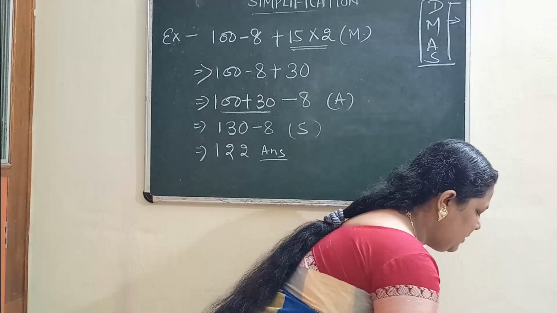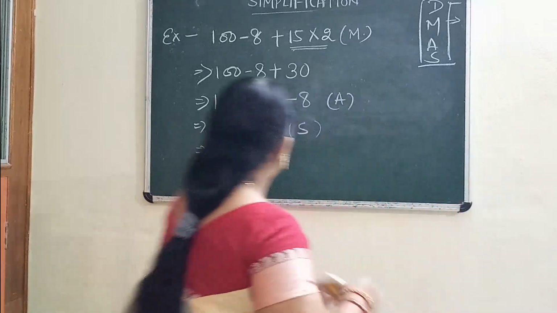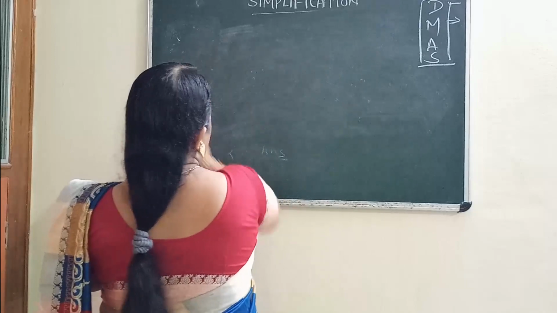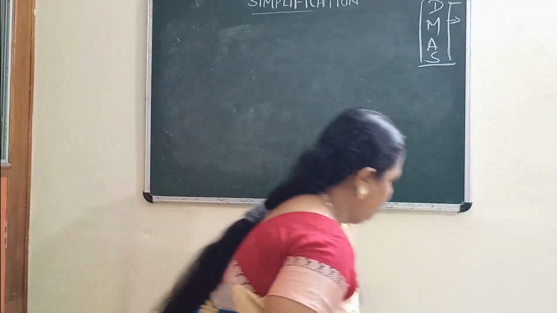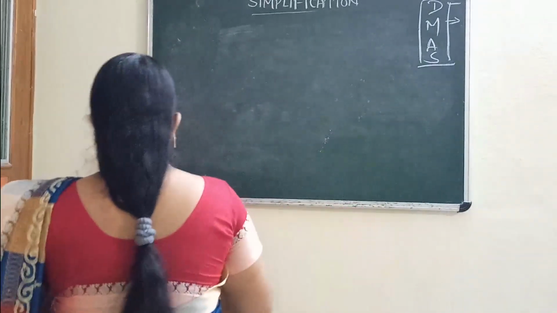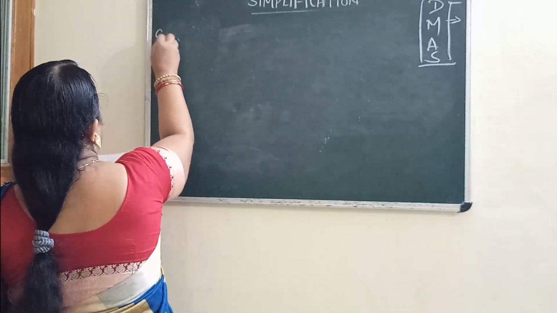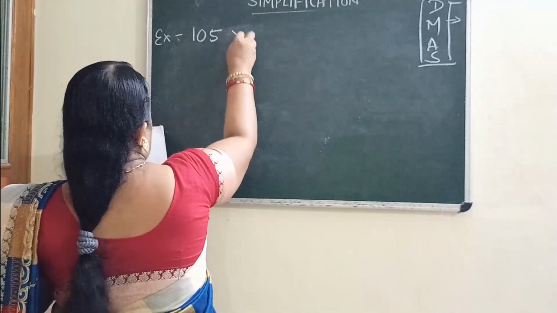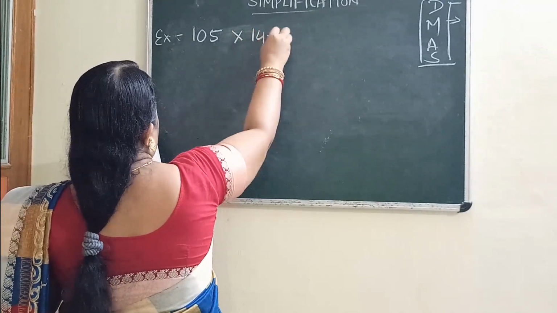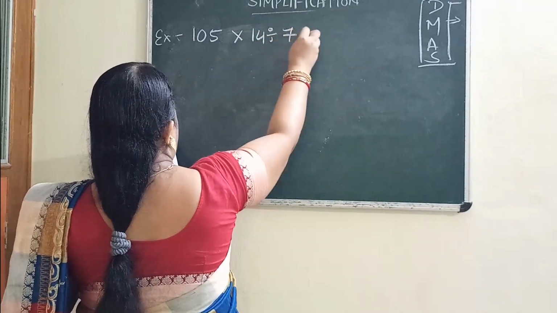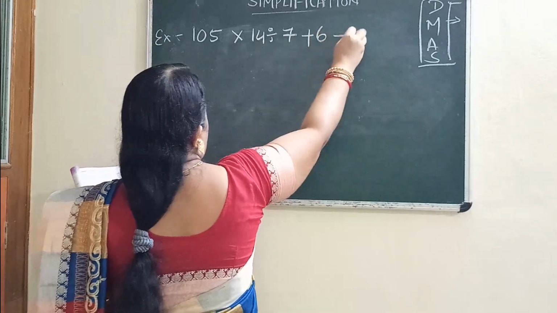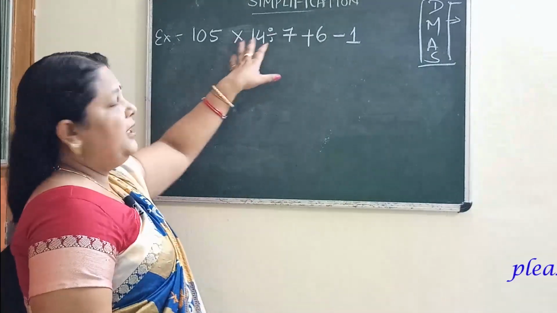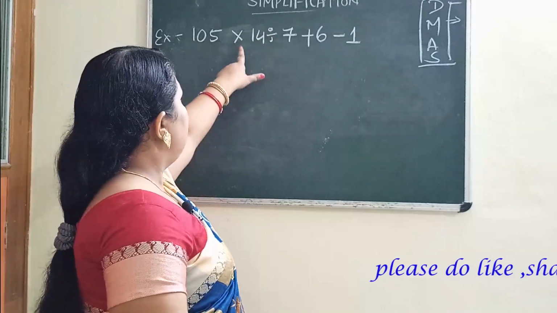I am showing another example: 105 multiplied by 14 divided by 7 plus 6 minus 1. So see children, here how many operations are there?